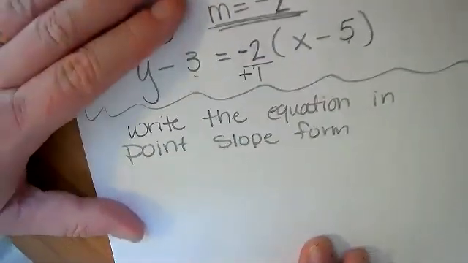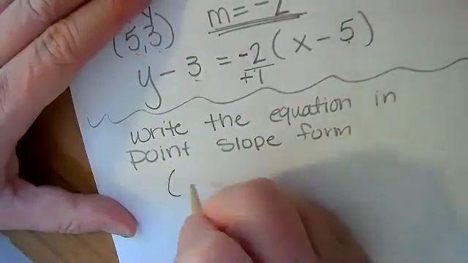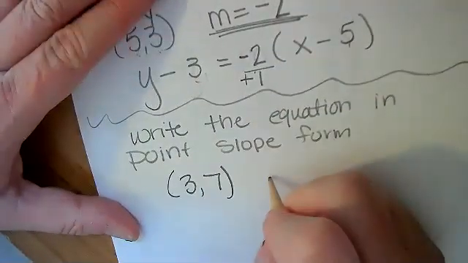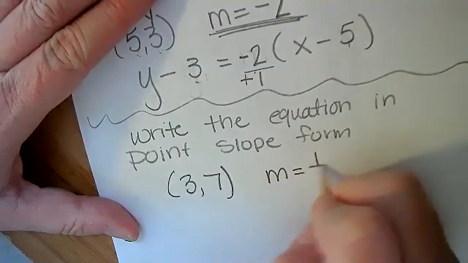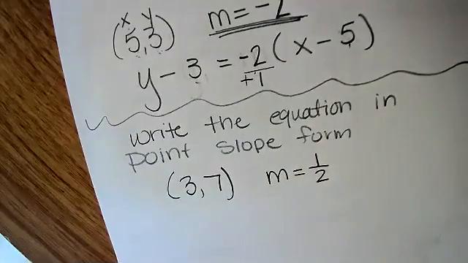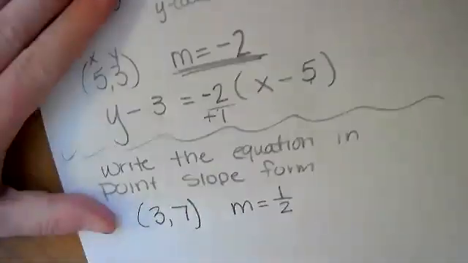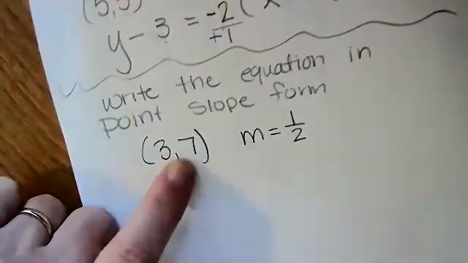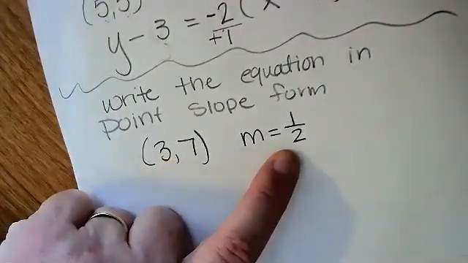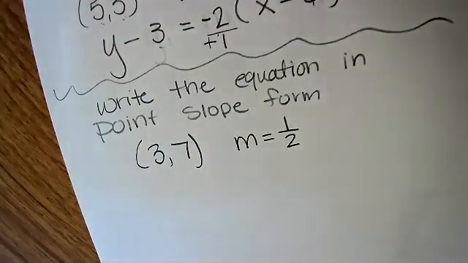You have a line that passes through 3, 7 with a slope of 1/2. What would the equation be in point slope form of a line that passes through this point and has a slope of 1/2? So I'm going to give you about 30 seconds to think about that and do that. Go.